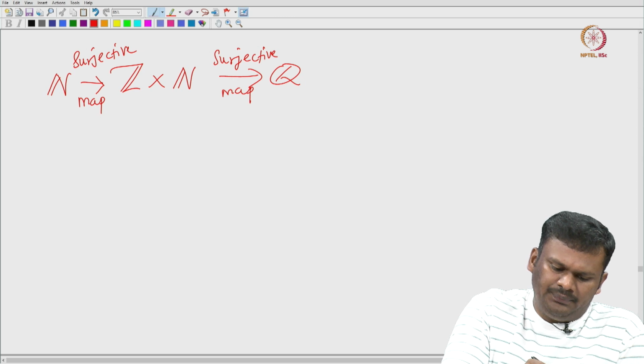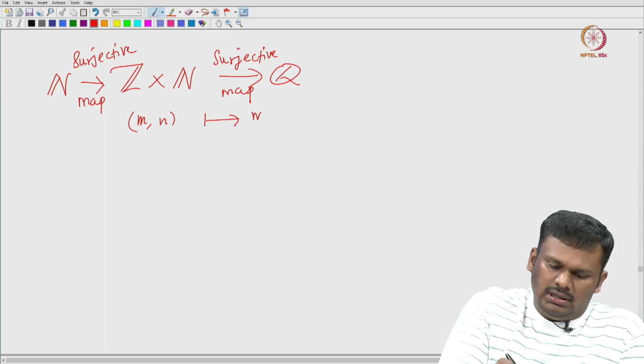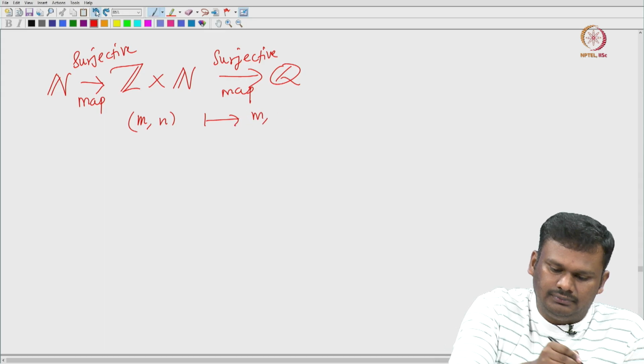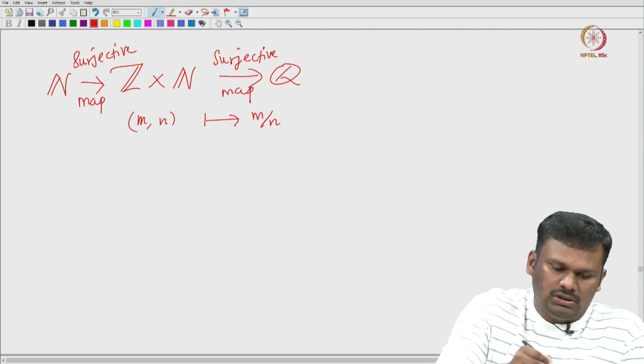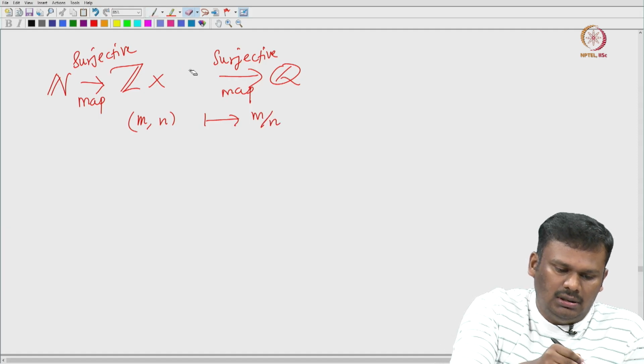This map takes some m and n and sends it to m divided by n, where we take n from the positive integers.